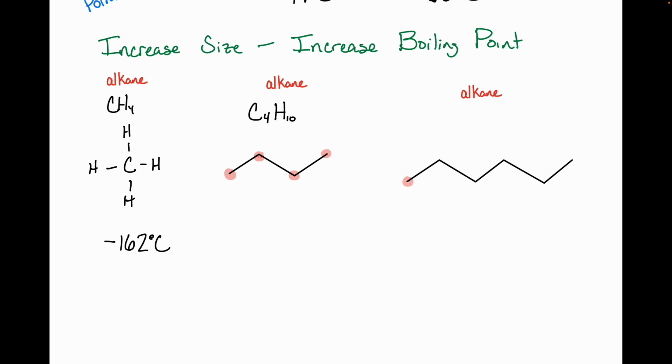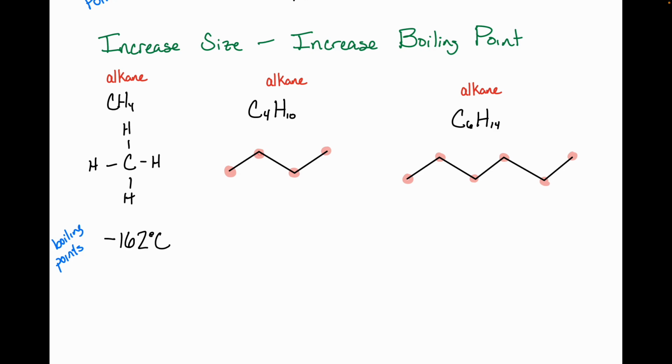Okay, so now we're going to increase our number of carbons even more. Now we have a total of 6. And how many hydrogens on that one? 14. Okay, cool. So again, we're comparing boiling points. All right, I'm just going to put down some numbers so we can prove to ourselves that they do indeed increase with the increasing size of our molecule.